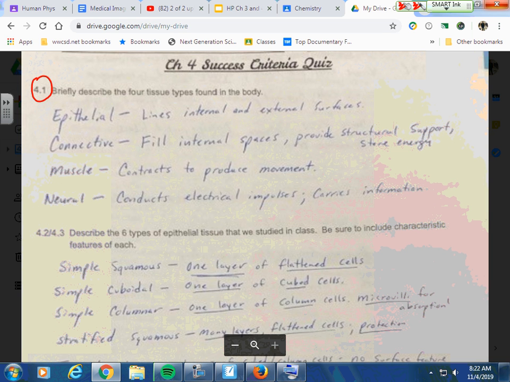Okay, and remember when I was suggesting ways to remember those things, 3 of them are pretty easy to remember: epithelial lines surfaces, muscle can contract, and neural can conduct electrical impulses for sending signals. And then connective is all the other stuff, the filler.